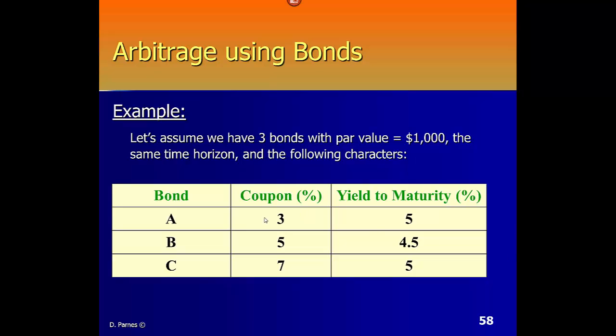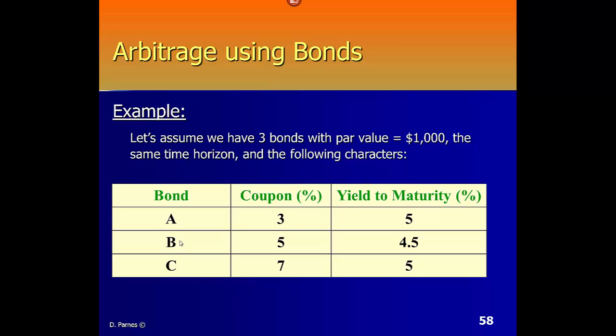Okay. If you buy bonds A and C, 50% of your money on A, 50% on C, you will receive 50% of $30 every year from the coupons of bond A, so that's $15, plus 50% of $70 per year, the coupons of bond C, $35. You will collect every year half of $30, half of $70, so 15 plus $35 will give you $50 in coupons every year.